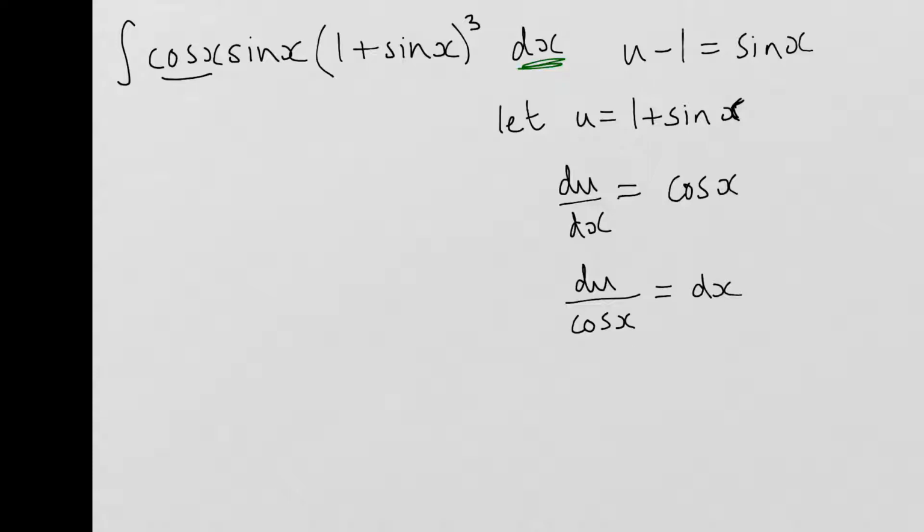That cosine of x and this cosine of x are going to cancel. This sine of x can be replaced by u minus 1. And I know that this 1 plus sine of x here is going to get replaced by u. So let's put all of this in. I'm going to have cosine of x times sine of x there in the red, so I'm going to substitute that for u minus 1.